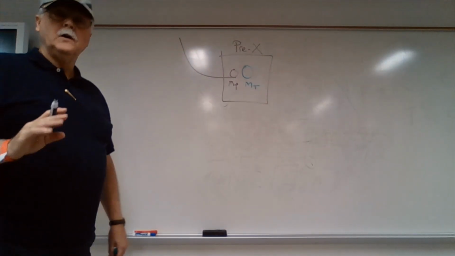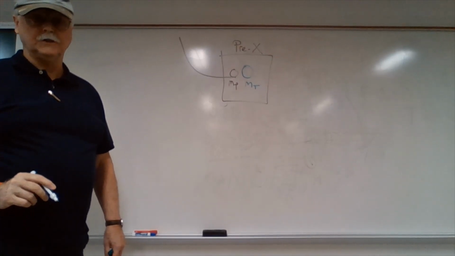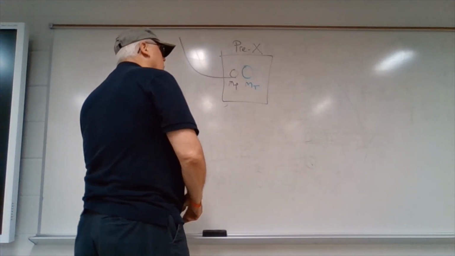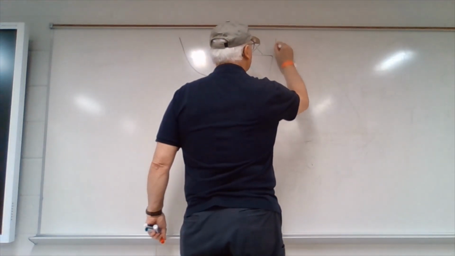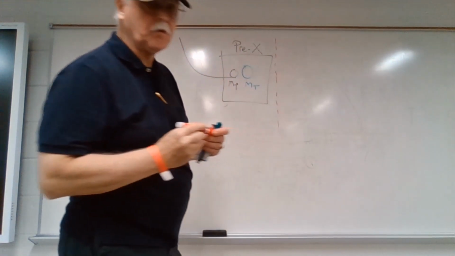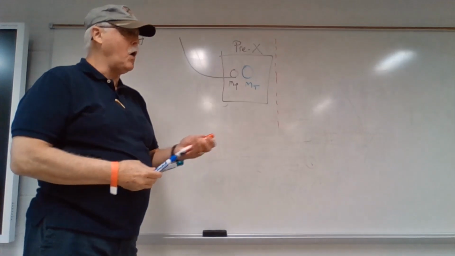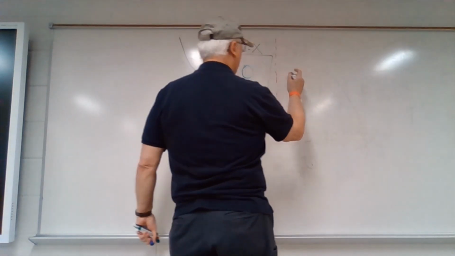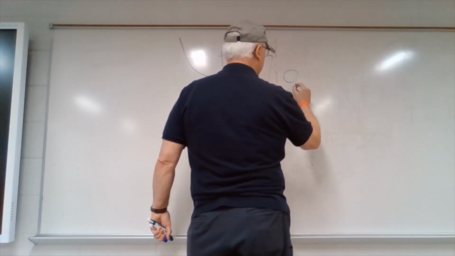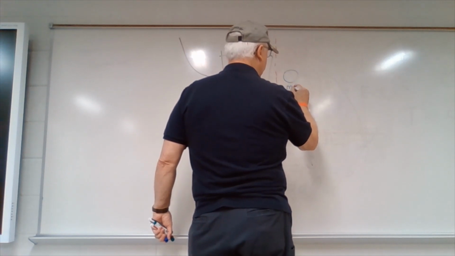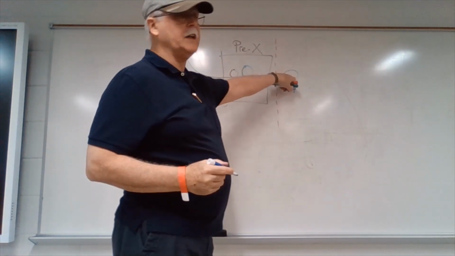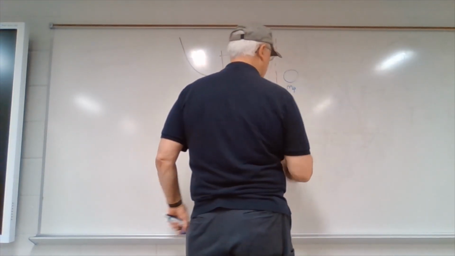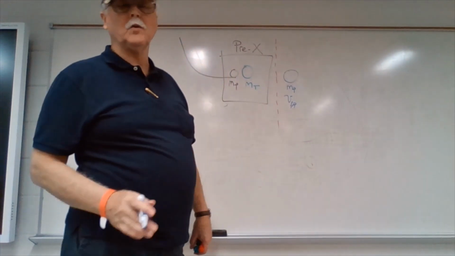Okay, now, what happens post-collision? So let's draw a dashed line down here that separates the two pictures. Okay, so now we got this separation. Post-collision, the projectile, and I'm going to color that in blue just to give a little change. So we've got mass of the projectile. That's never changed. We got V final of the projectile. Now, how do we determine that?